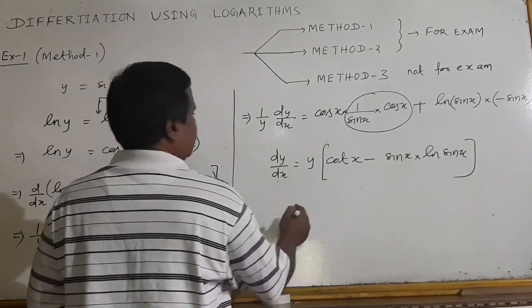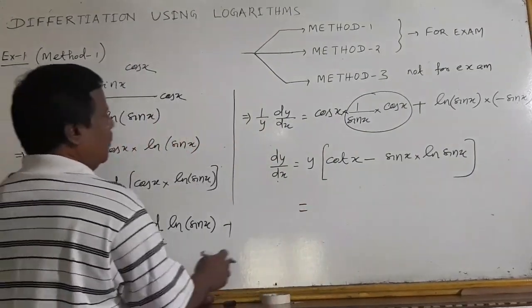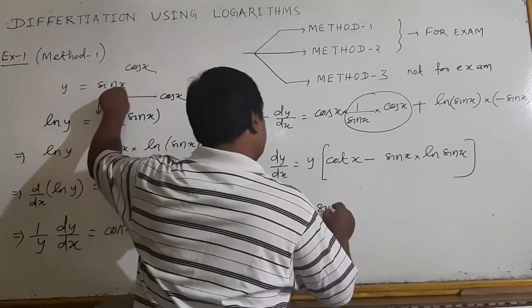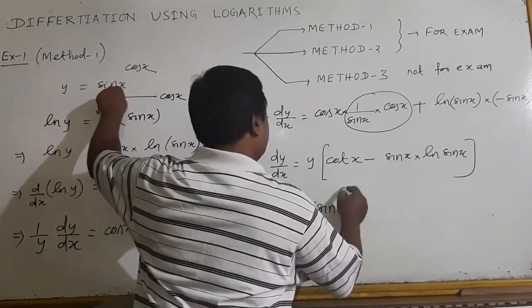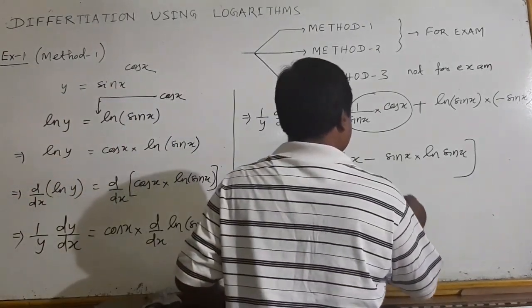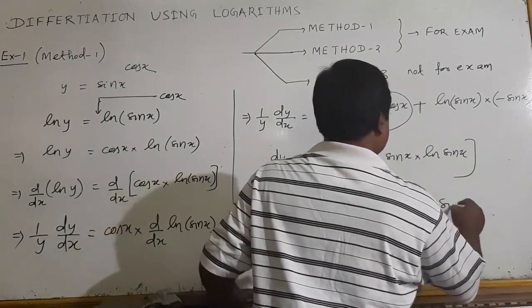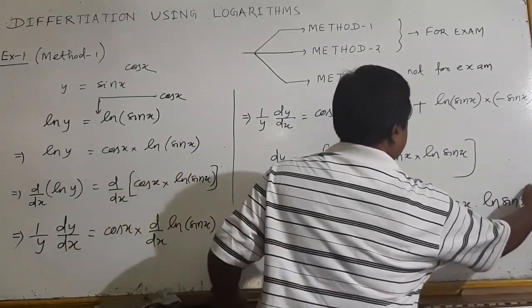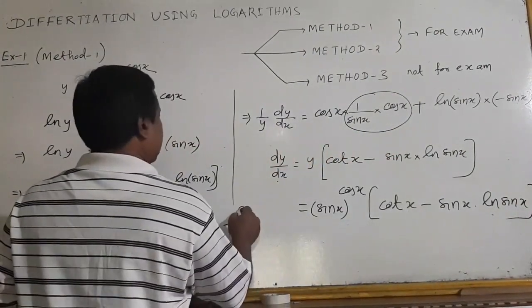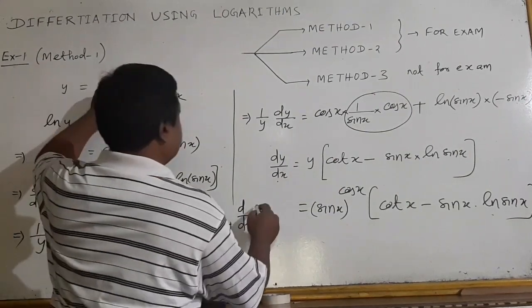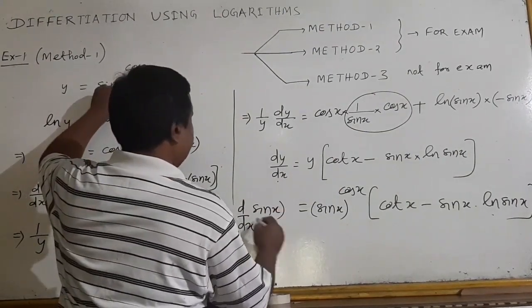In place of y, I have to write sin x to the power cos x whole into cot x minus sin x into ln sin x. Now this is the answer of d by dx of y. What is y? Sin x to the power cos x.